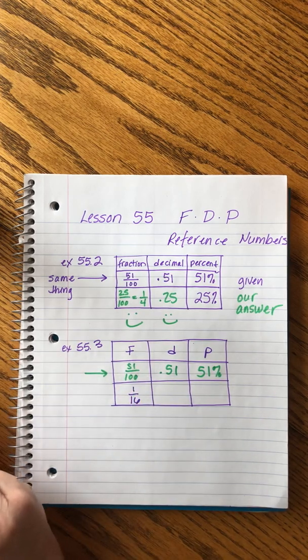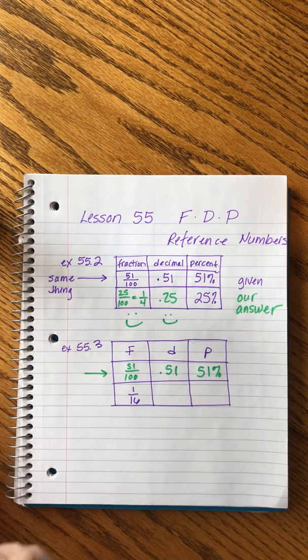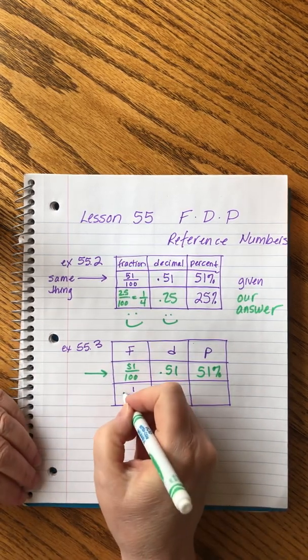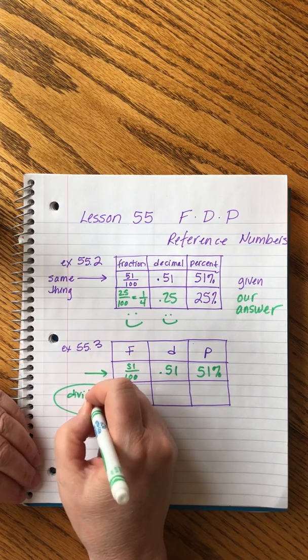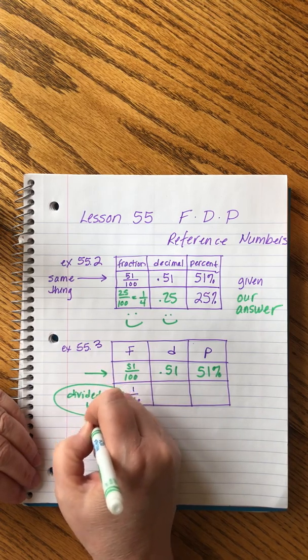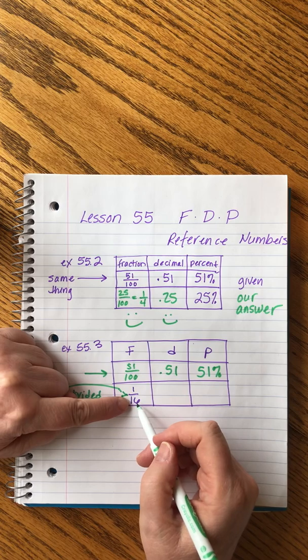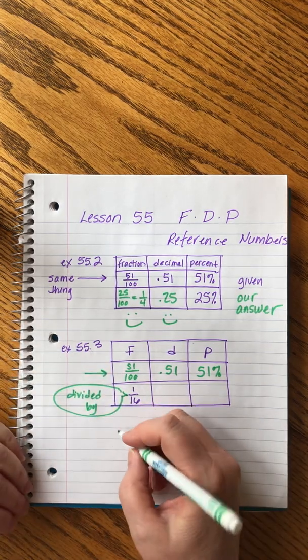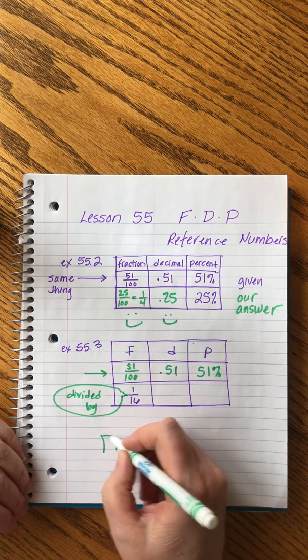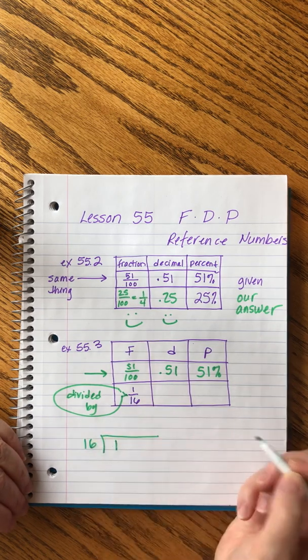It's going to be a little bit of drama to get the decimal number. But I remember what this line says. It says divided by. So if I can't easily shape this denominator into 100, then I just fall back on long division, and it's 1 divided by 16.